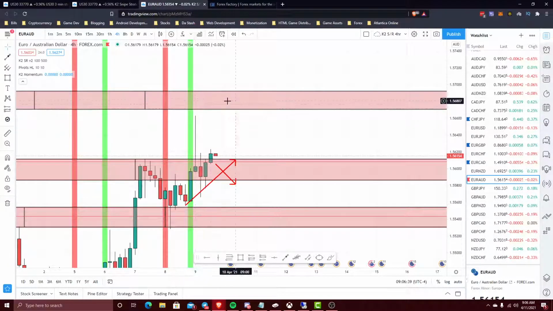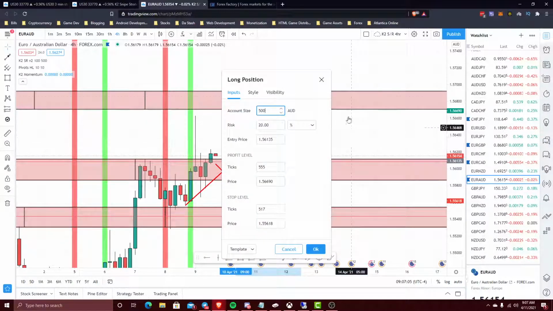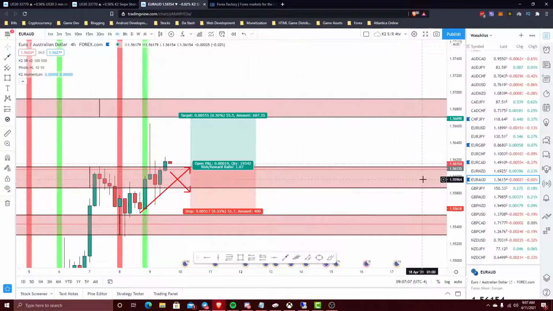It almost tapped the zone, but the sellers were just in control here and got it right back into this zone. I'm going to continue to look at this, and like I said, I may take a small trade, because that would be a nice little 55 pip move. So we'll see.